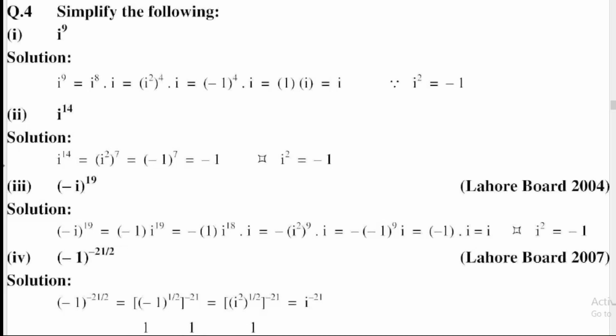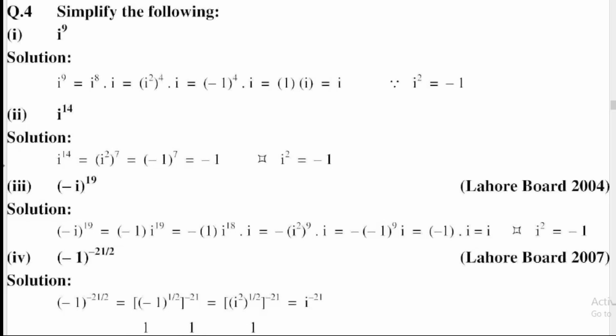Next, third part, that is minus iota whole power 19. Minus iota power 19 can also be written as minus 1 power 19 into iota power 19, which is minus 1 into iota power 18 dot iota. So minus 1 into iota square whole power 9 is equal to iota power 18 dot iota.